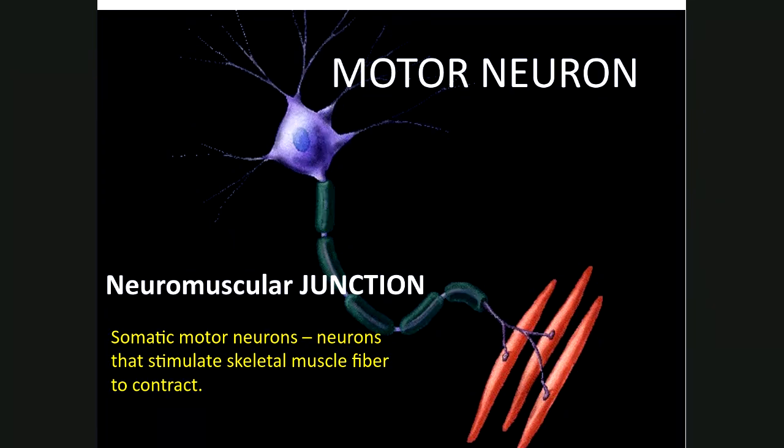We discussed motor neurons in the past. Remember, the motor neurons are the reaction. Once the central nervous system is telling our skeletal muscle to contract, this information is carried via a motor neuron. Where a motor neuron connects to a muscle cell, this connection is called the neuromuscular junction.